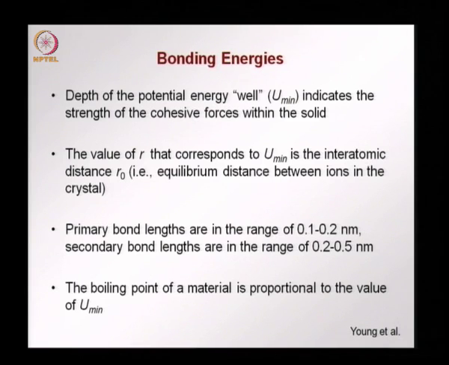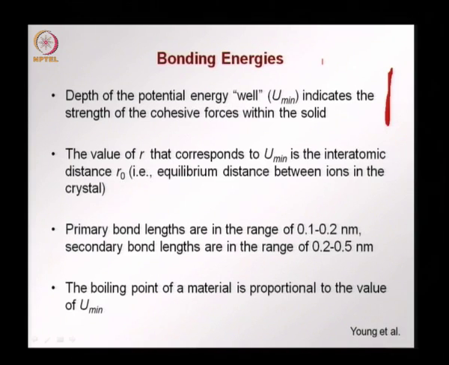And as I said before, the depth of the well indicates the strength of the cohesive forces. The deeper the well, or the higher the minimum potential energy, the stronger the bond.